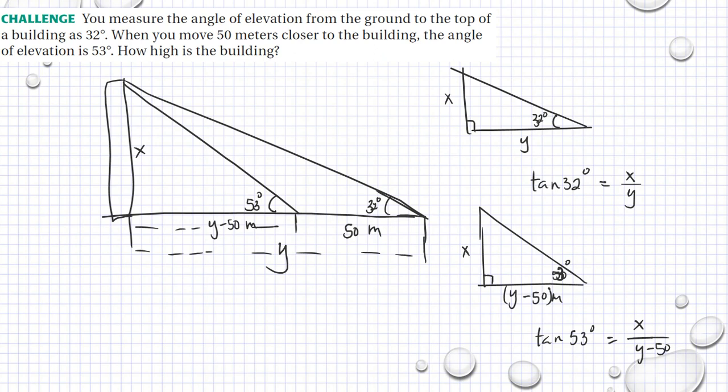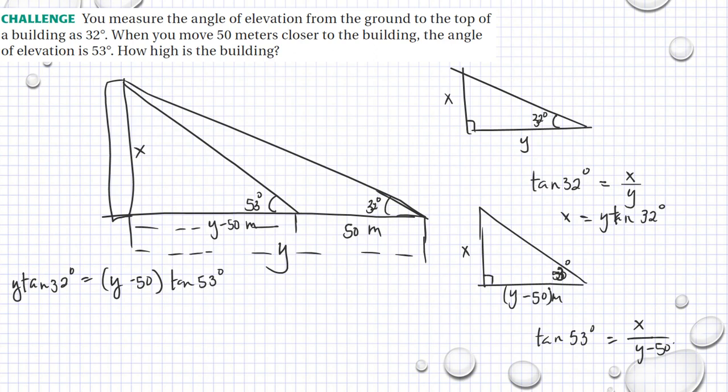And then we know that this will become x is equal to y tangent 32 degrees. So if we put that in our x, then we only have y. So y tangent 32 degrees is equal to y minus 50 times tangent 53 degrees.